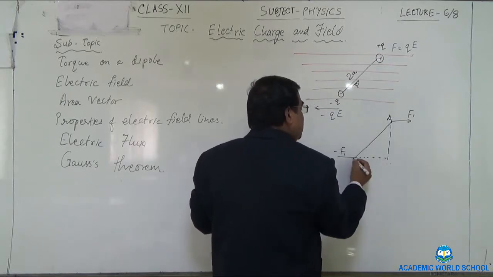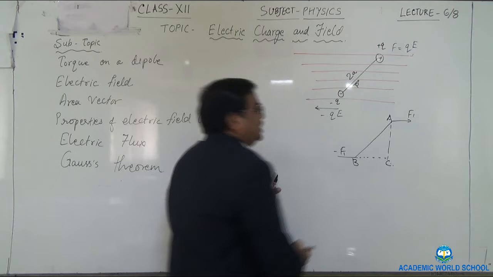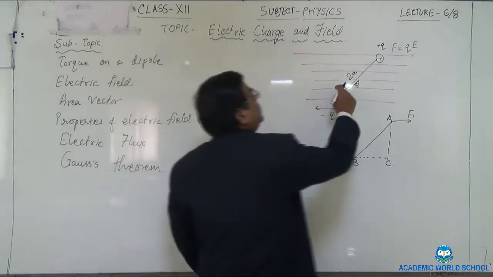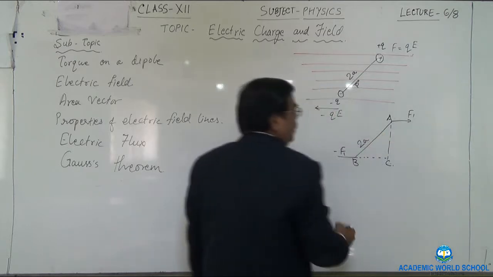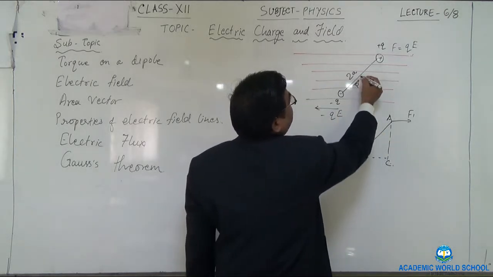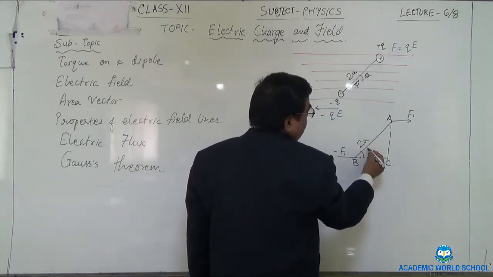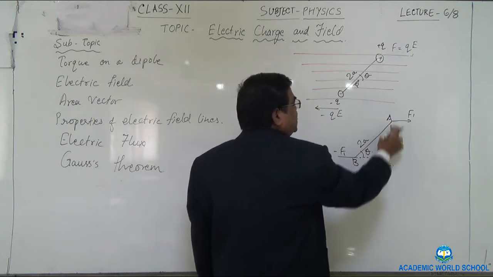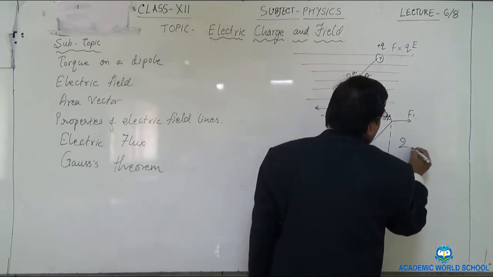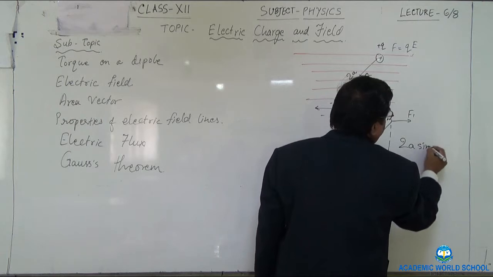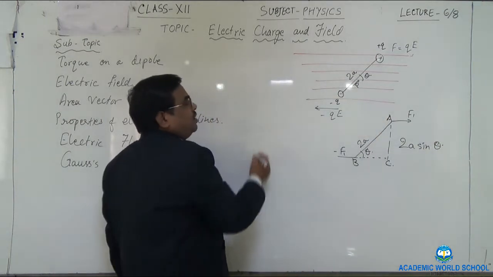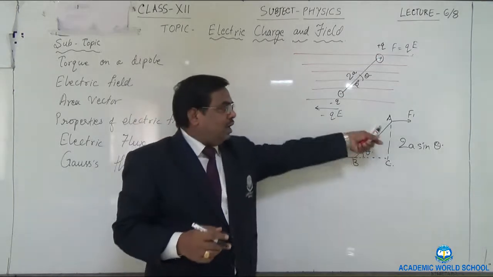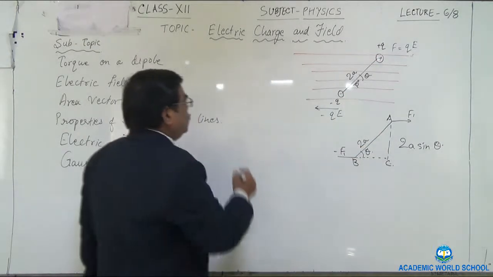Now what is the distance between A and B? It is 2a and the twisting angle is theta. So the perpendicular arm AC is equal to 2a sin theta.